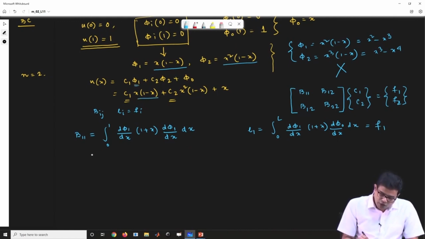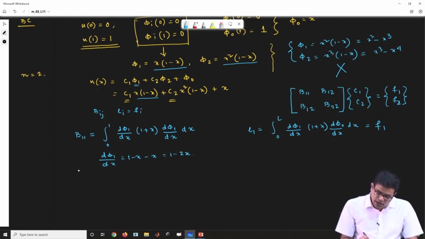So d phi 1 by dx is simply 1 minus x minus x, so 1 minus 2x.